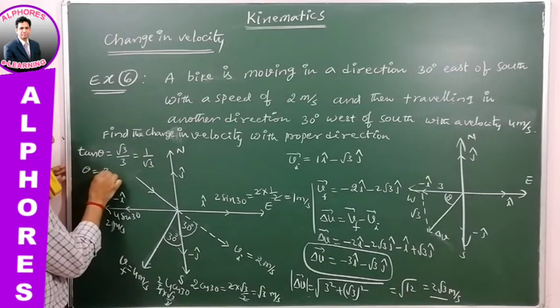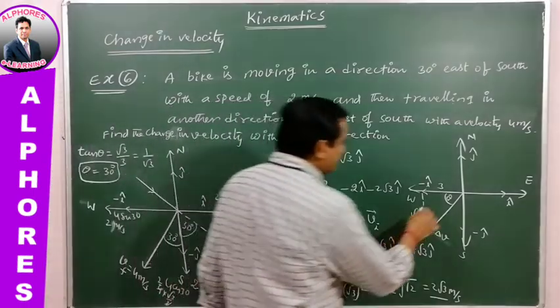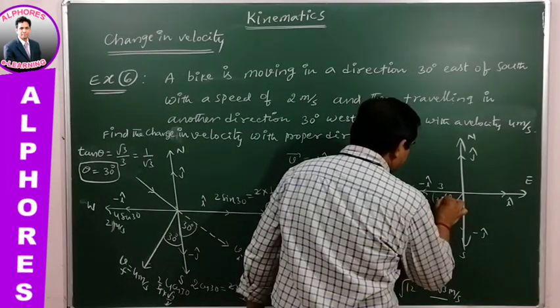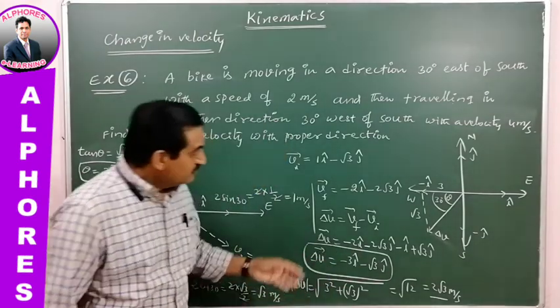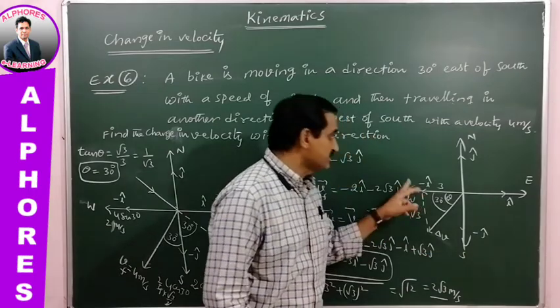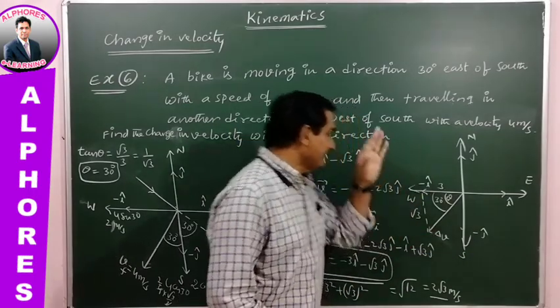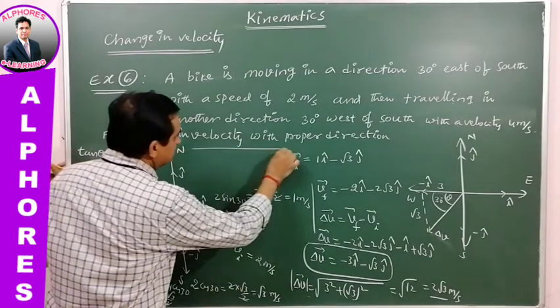Theta equals 30 degree. Its direction is 30 degree with west. Therefore south of west direction.